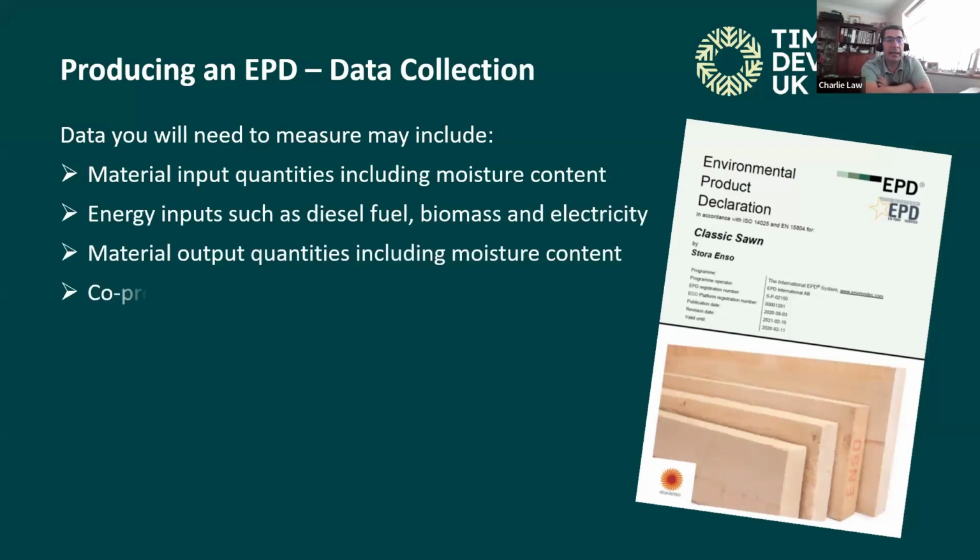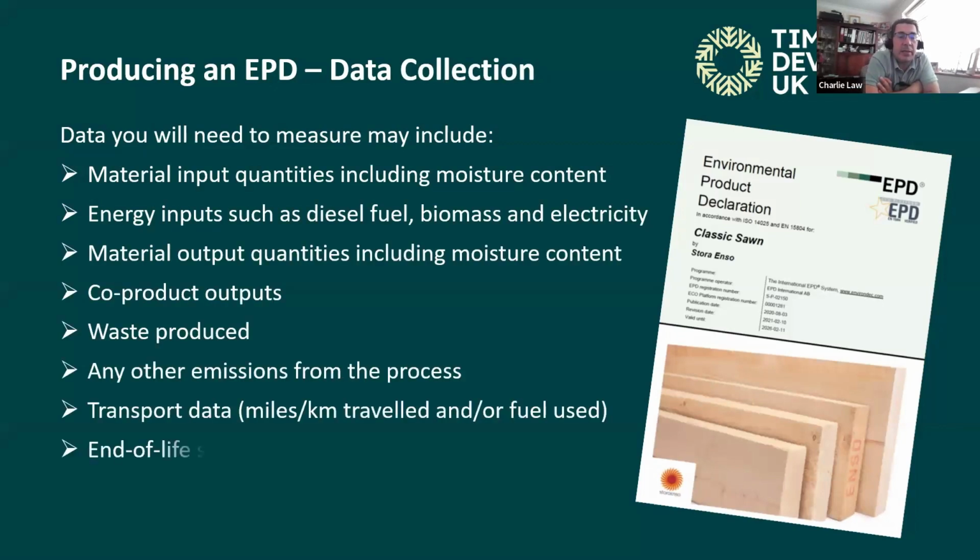You then obviously need to collect data. The data you're going to need is your material input quantities, including any moisture content, inputs and outputs of materials. Any energy inputs such as diesel, fuel, biomass, electricity that you're putting into the process for things like kiln drying and sawing, for example. Any co-product outputs, because they might get deducted and go into another product system.